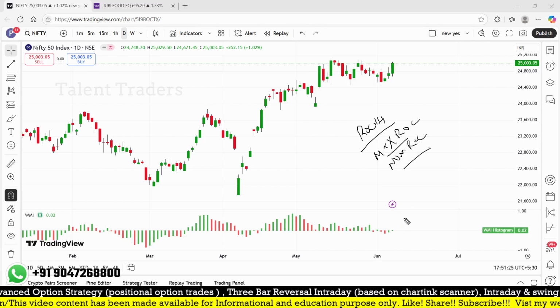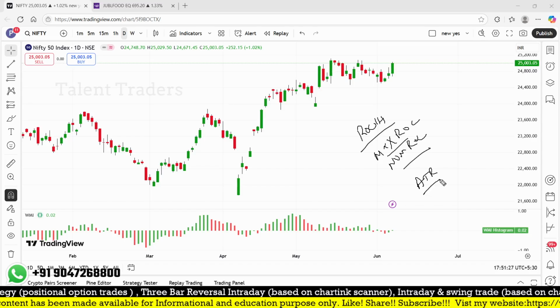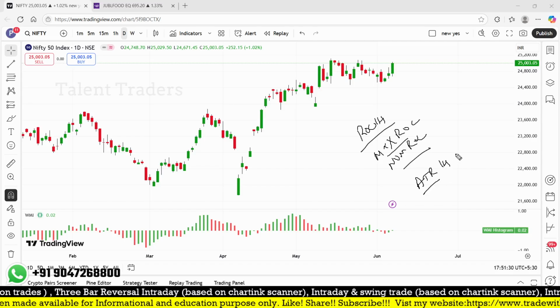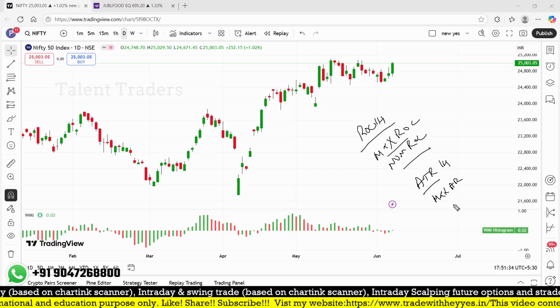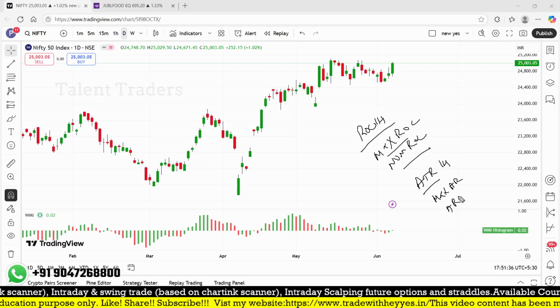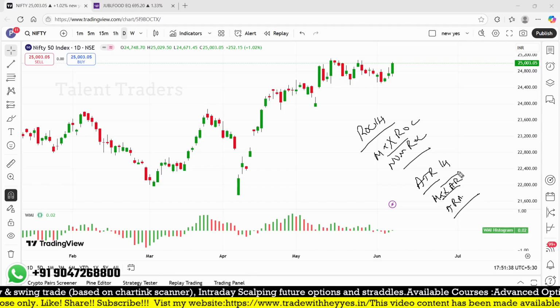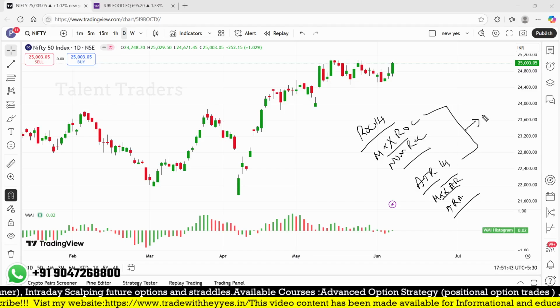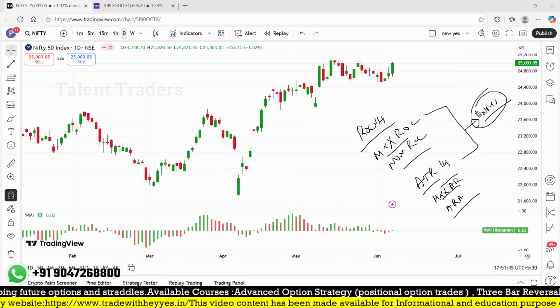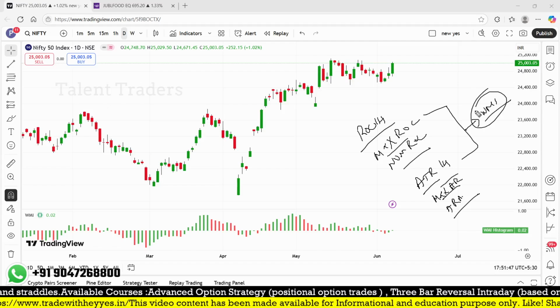Then we find the ATR. I think ATR is available, the 14-period ATR, and the max ATR of that particular stock, and the average ATR. So almost 6 or 7 indicators are needed to get the WMI, and only after that can we create this indicator.